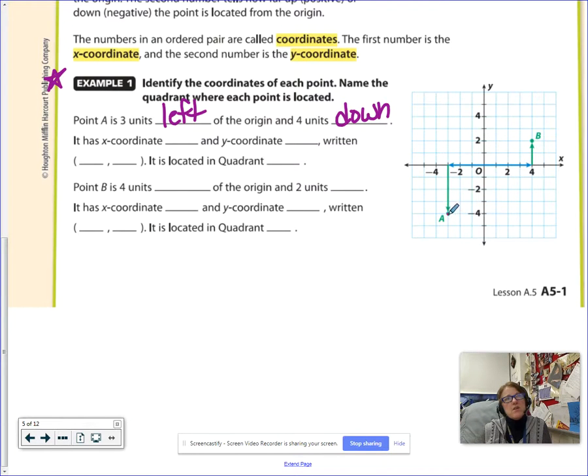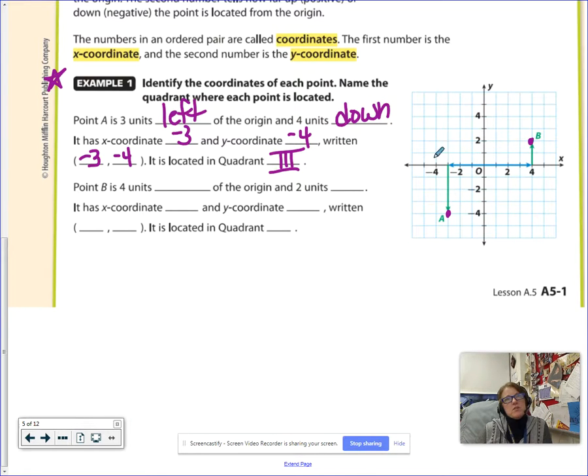The x coordinate right here is -3, y coordinate -4, and we write it as (-3, -4). It's in quadrant number 3. B is over here.